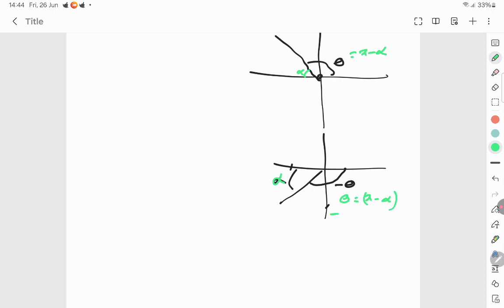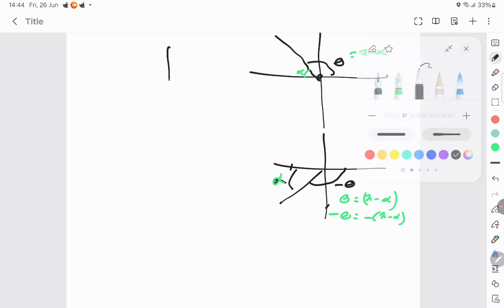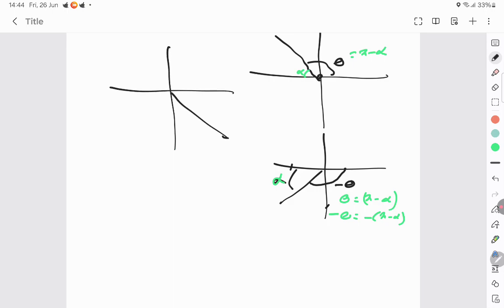Of course, you need to write it with a negative sign: minus of pi minus alpha. And what about the fourth quadrant? This is your theta argument, but it's in this direction, so it's minus theta. But we want alpha. You can find alpha using tan alpha is equal to b by a, opposite by adjacent, and write theta is equal to minus alpha.